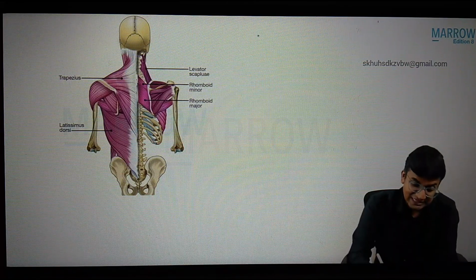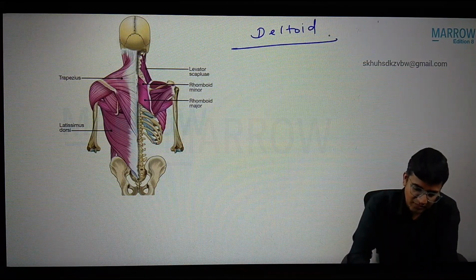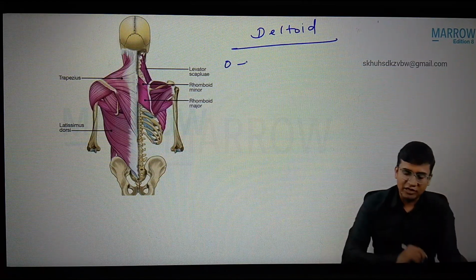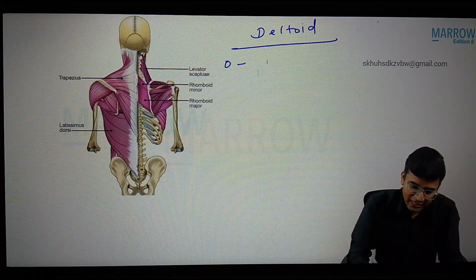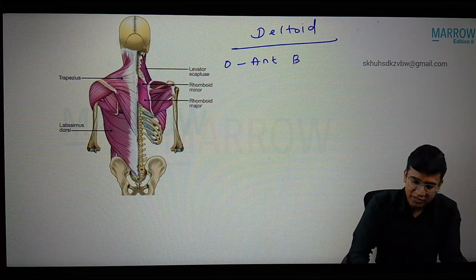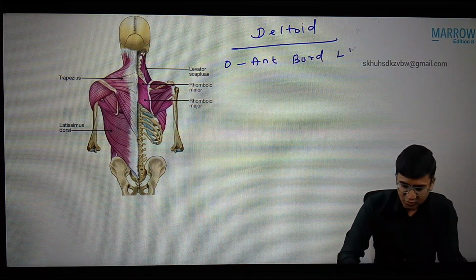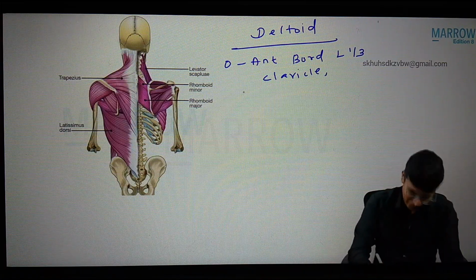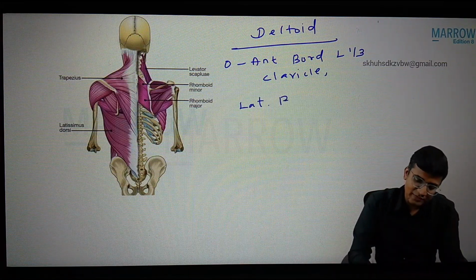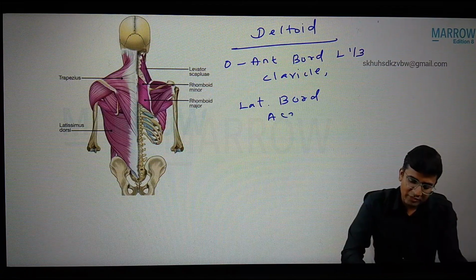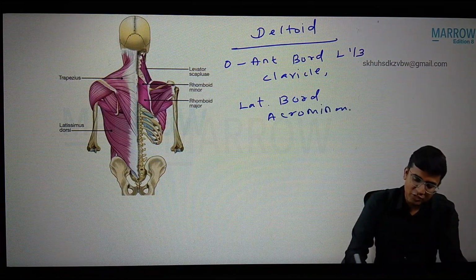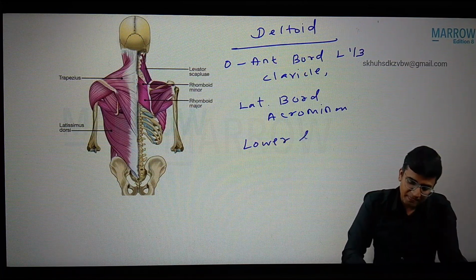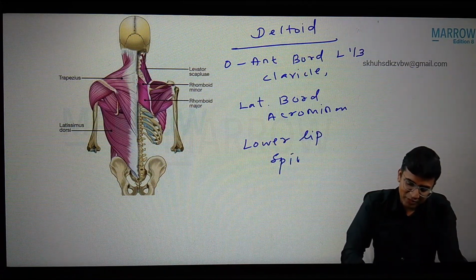First, we're going to see the deltoid muscle. Deltoid muscle origin, I told you already: origin from the anterior border of the lateral 1/3 of the clavicle, which is continuous with the lateral border of the acromion process, which is continuous with the lower lip of the spine of the scapula.